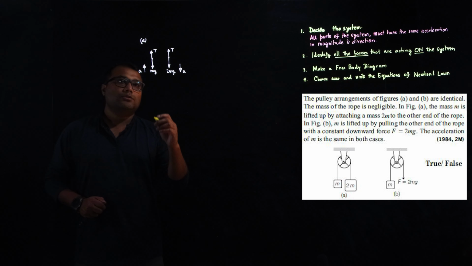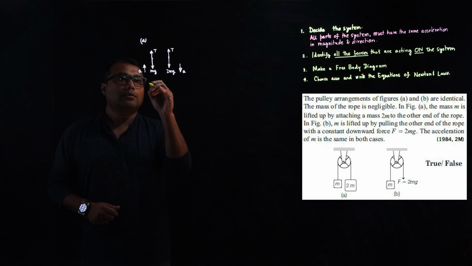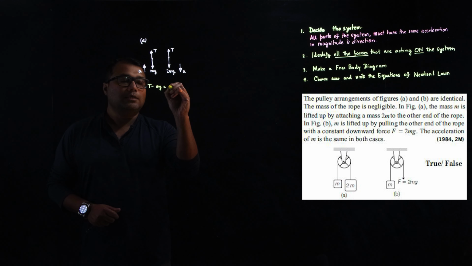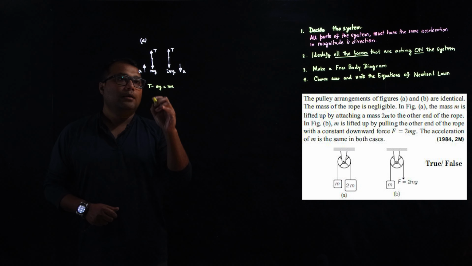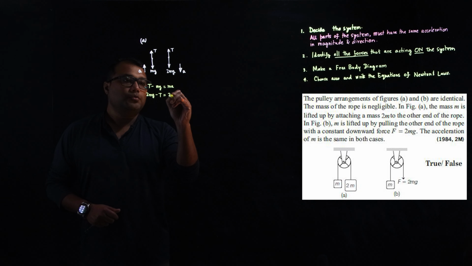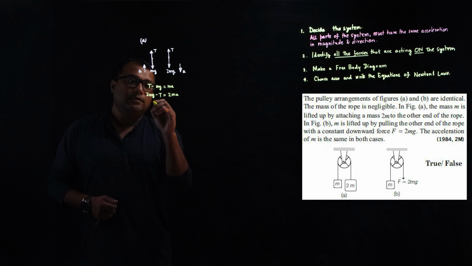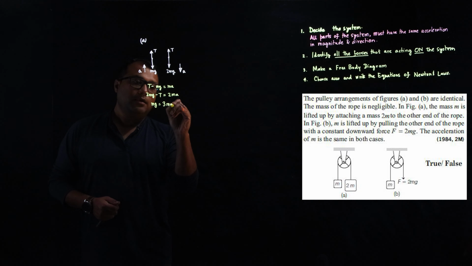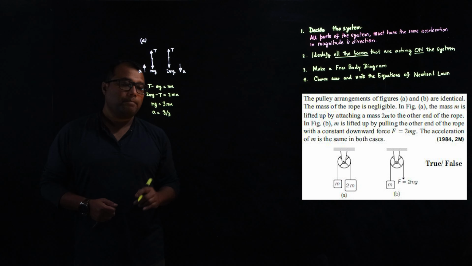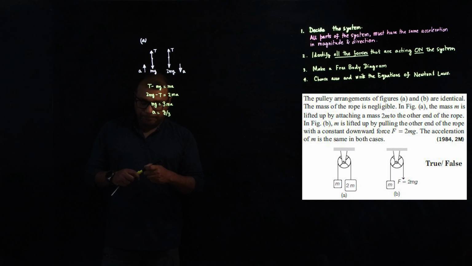Okay, so we know T minus mg is equal to ma, and 2mg minus T is equal to 2ma. Okay, if I add these, so mg equals 3ma, or a equals g by 3. Okay, so this is case 1.